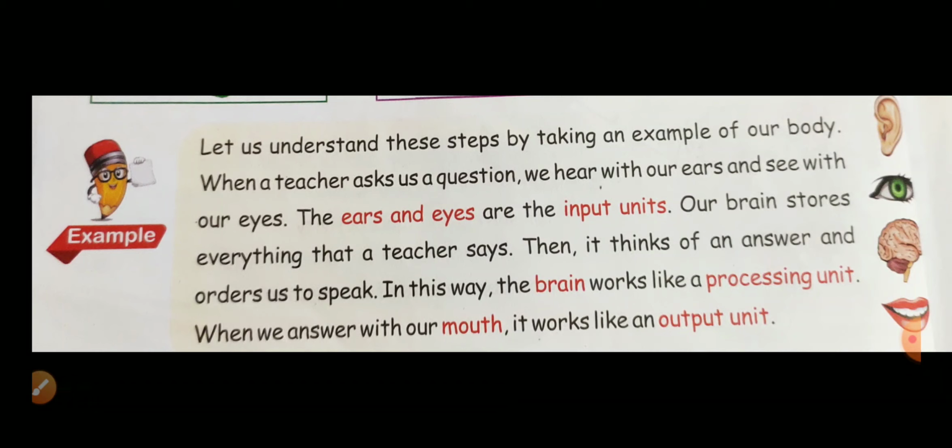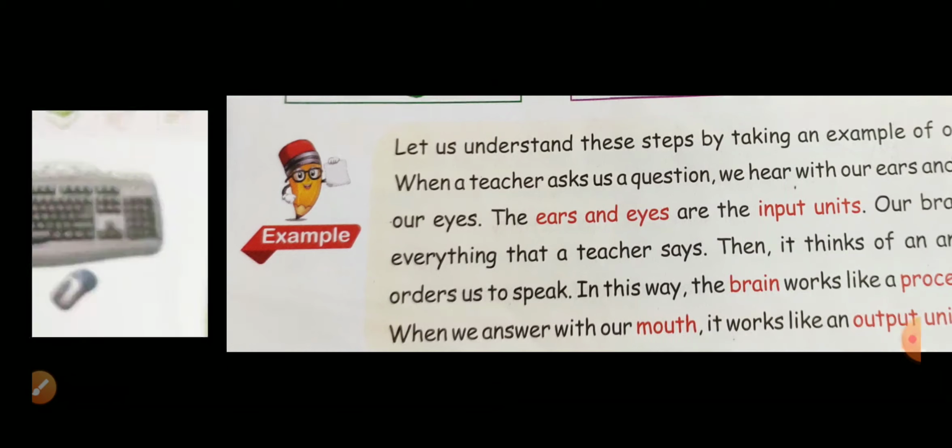Okay, so brain is a processing unit. Then after thinking over it, we get the answer from the brain and we speak out the answer with our mouth. So mouth is an output unit.